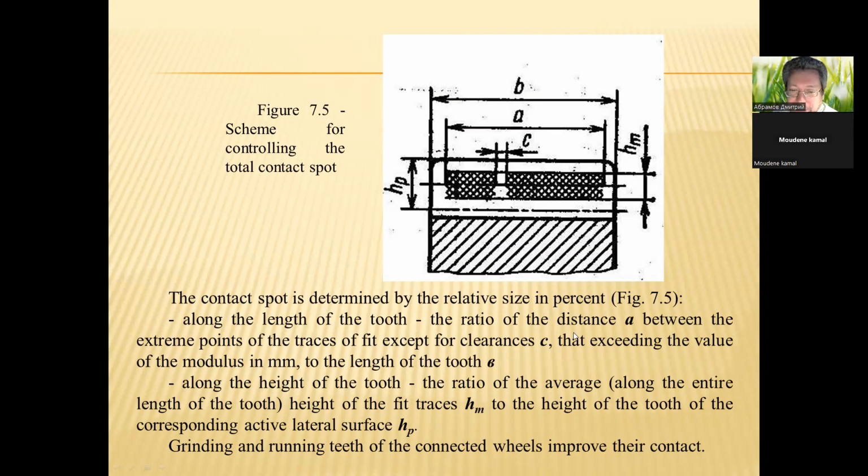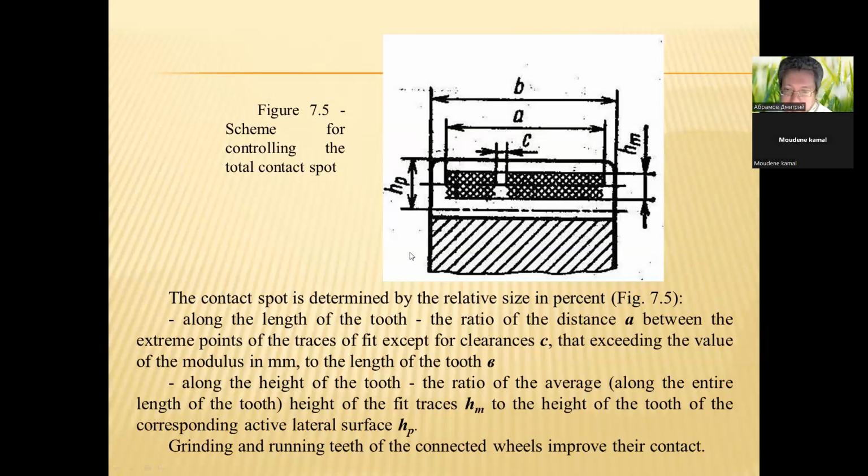Along the length of the tooth, the ratio of the distance A between the extreme points of the traces of feet except for clearances C, that exceeding the value of the modulus in millimeters, to the length of the tooth, B. So it's A minus C divided by B and multiply by 100%.